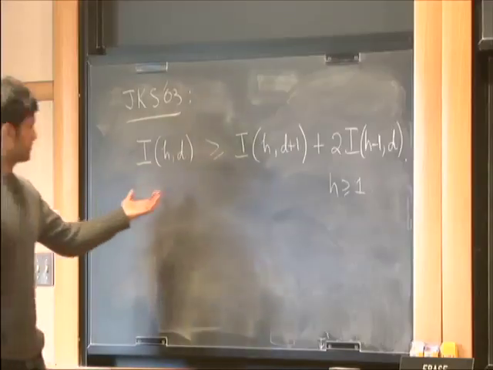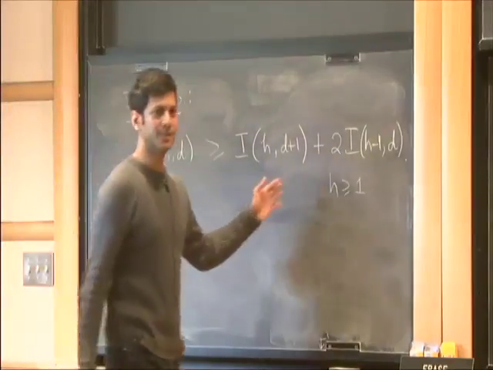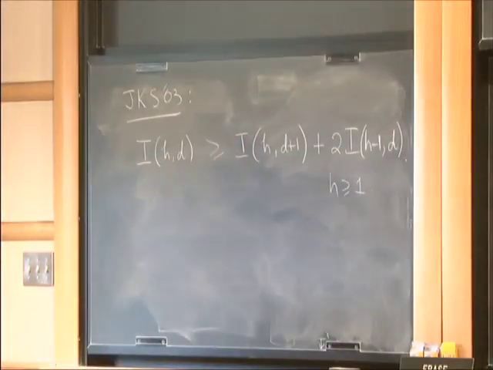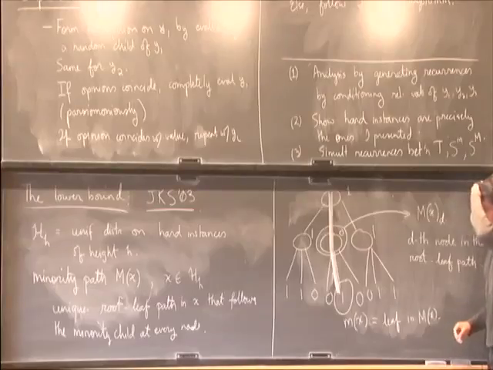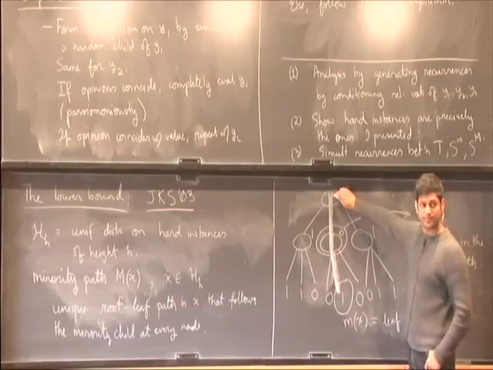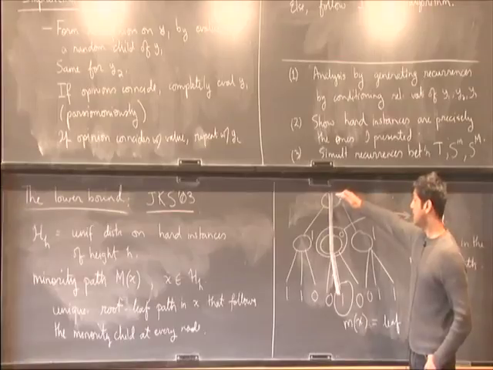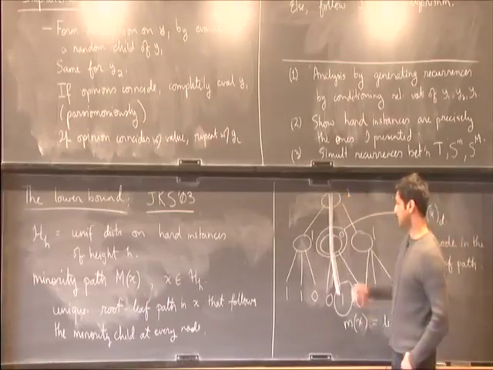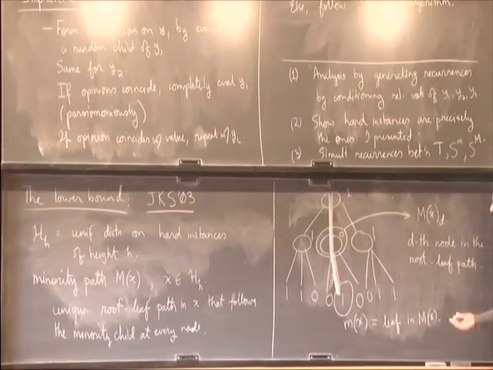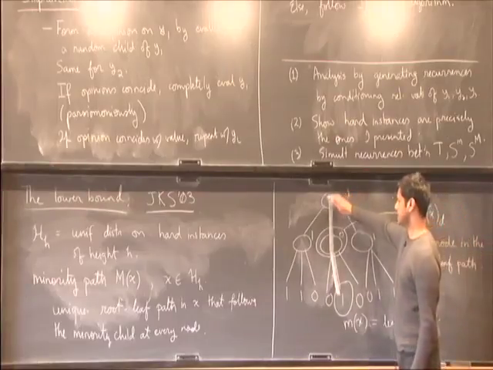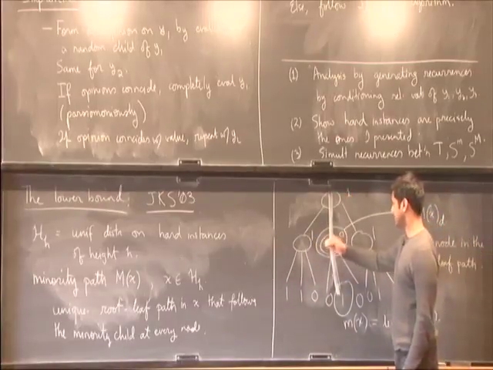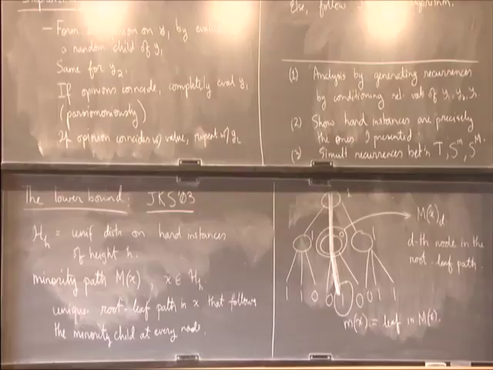Okay, so maybe a few words are in order explaining how this comes about. Let me use this diagram out here. And let's just work with the root, right? So we are interested in how many variables under the root are queried. So clearly, the variables that are queried either lie in the first subtree, the second subtree, or the third subtree, right?